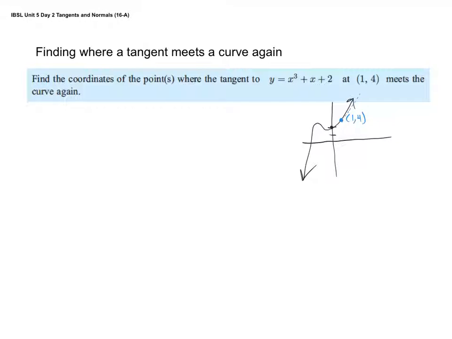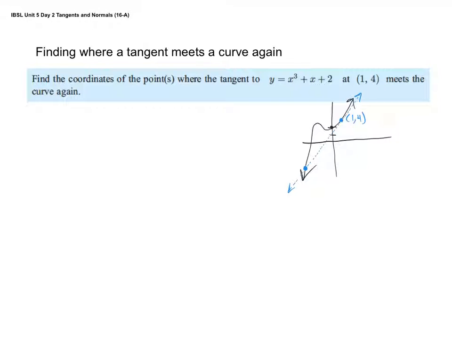But one thing we need to understand about our tangent is that our definition of tangent, we need to kind of adapt to the fact that we're not dealing with circles anymore. With circles, it only ever hit the circle once. Okay? In this case here, it hits the function, but because our function kind of curves back around, it is possible that our tangent line will hit the curve at another point.